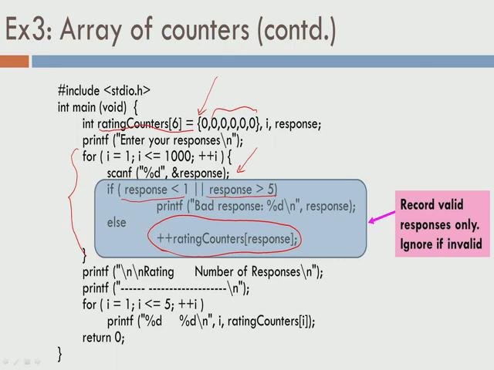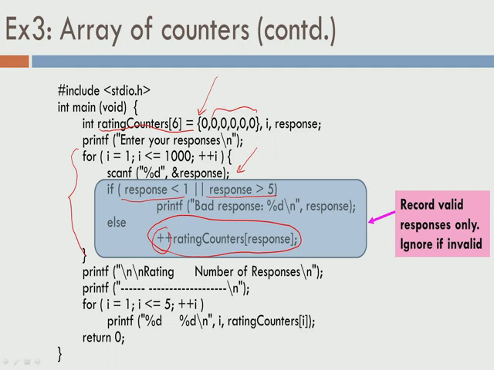Again, if you want to break it down, you can think of it as plus plus on a variable. And which variable are you incrementing? You are incrementing the variable for which you got the response. So if the first user gave 1 as the response, rating counters of 1 is going to get incremented. If the 500th user gave a rating of 5, I would be 500 and rating counters of 5 will be incremented by 1.